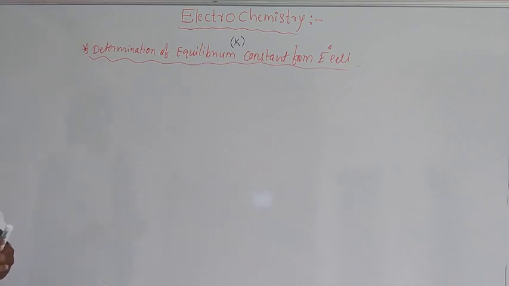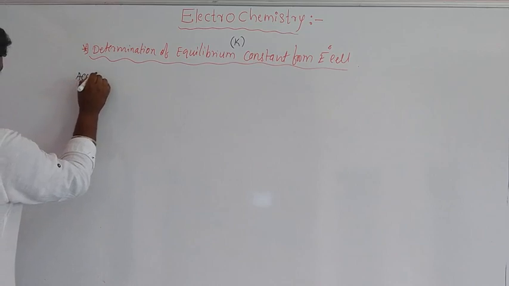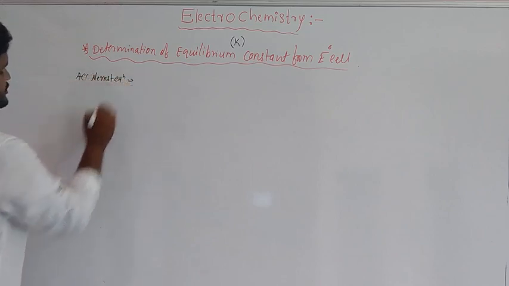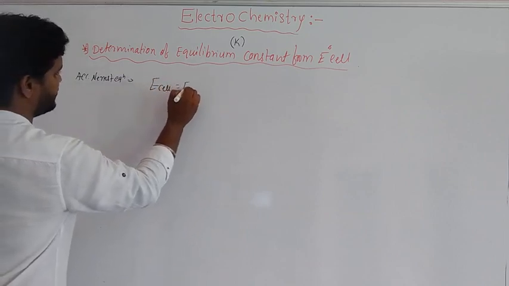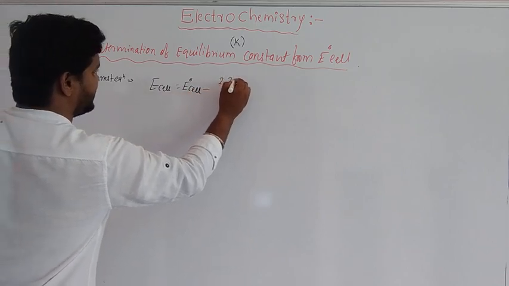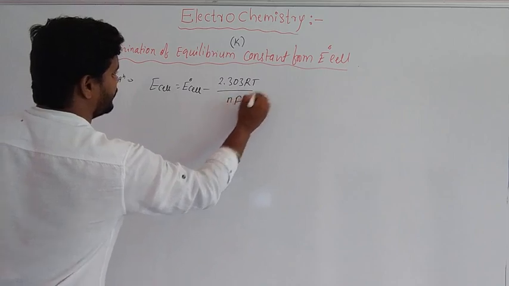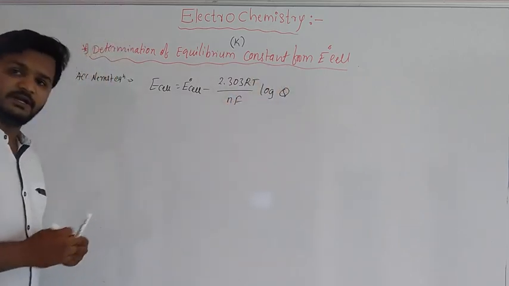So student, according to the Nernst equation, what is the expression? E cell is equal to E0 cell minus 2.303 RT by nF log Q. This is the expression of the Nernst equation.